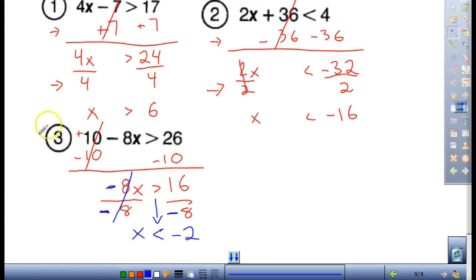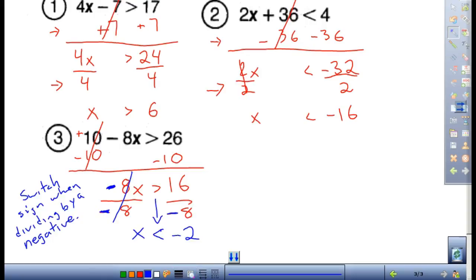So if you need to, remind yourself, write a little note, switch sign when dividing by a negative. So anytime we have a negative anything x, then we'll end up switching the sign because we have to divide by that same negative.